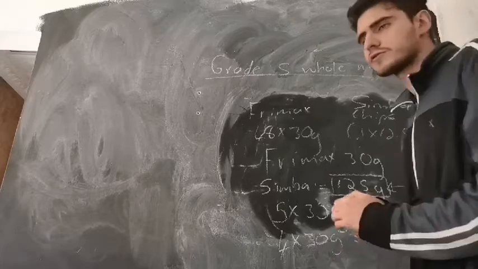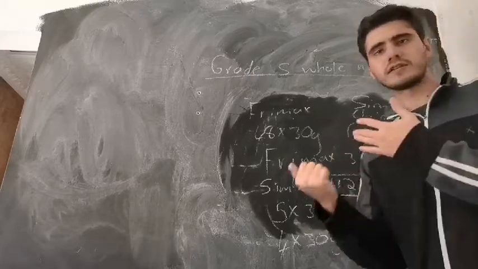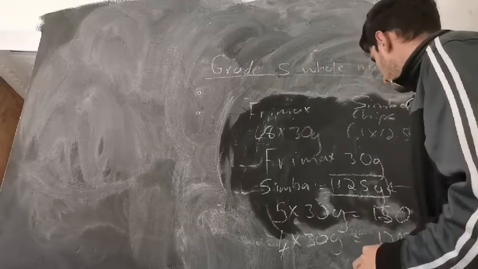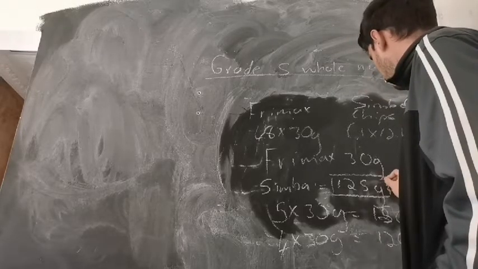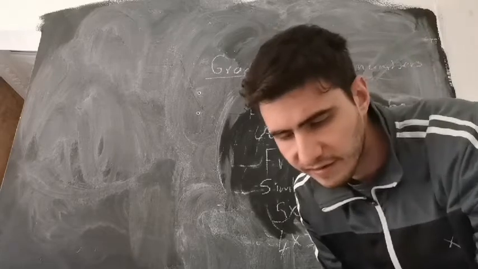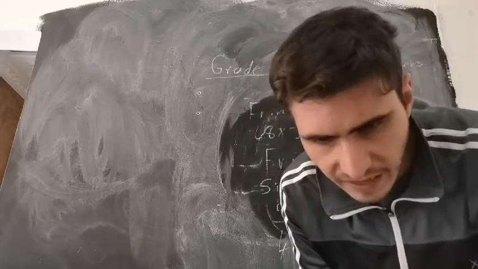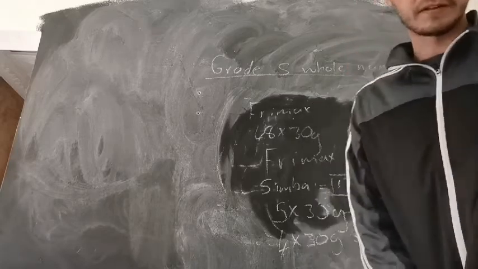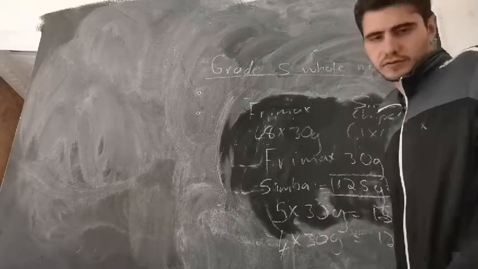So basically what you're doing is you're saying 30 times 3, 30 times 4, 30 times 5, till you get to a number close to this or above this. Okay, that's how it will work. And yeah, that's basically all that you guys have to do.